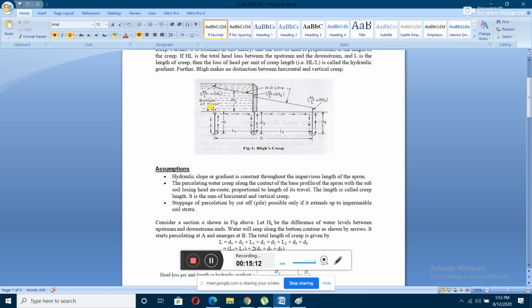We inserted a sheet pile or a cut-off pile at the upstream of the weir, right? Yes or no, everybody? We provided a cut-off pile at the upstream side in order to provide resistance to the uplift pressure.